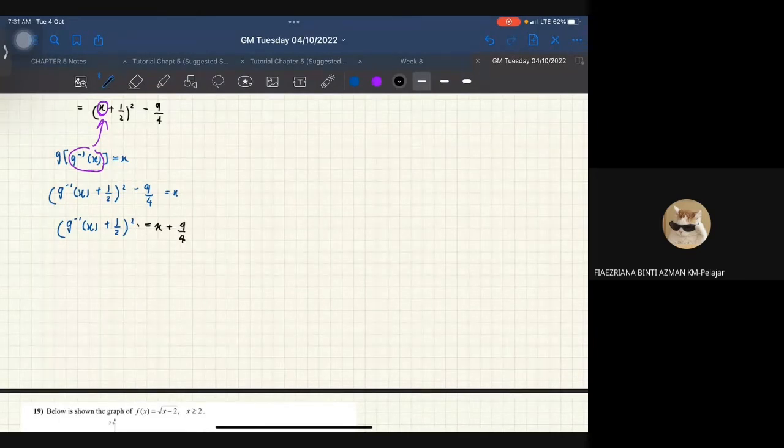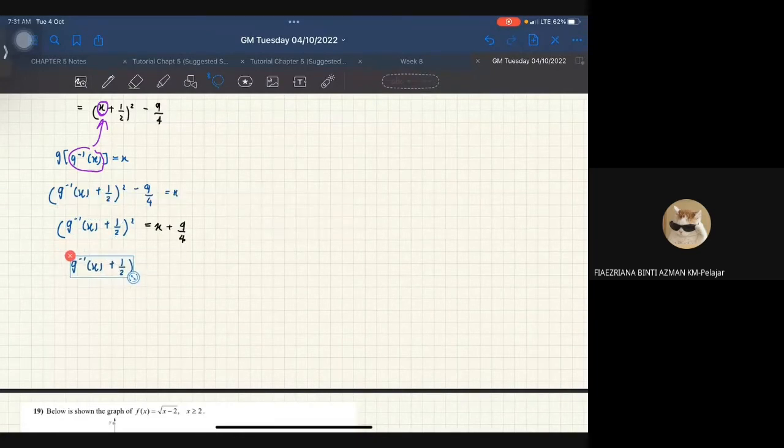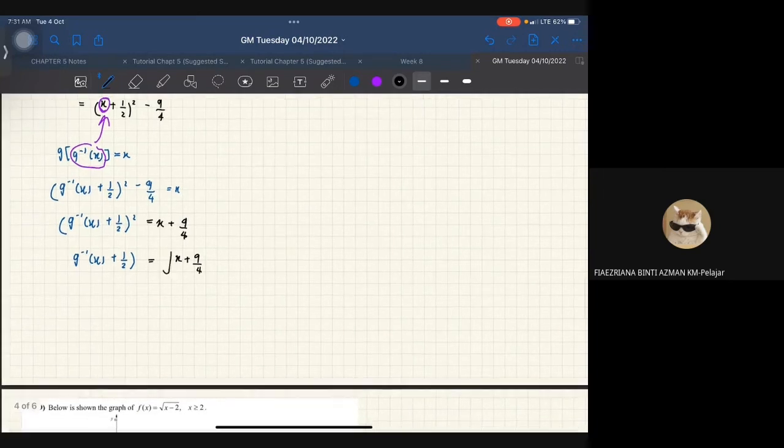Okay, and then kita nak hilangkan square. So bila hilangkan square, maksudnya kita akan square rootkan lah both sides. Okay, so bila square rootkan, awak dapatlah yang sebelah kiri ni without the square. And then yang right hand side, kita akan ada x plus 9 over 4. You have a square root outside.